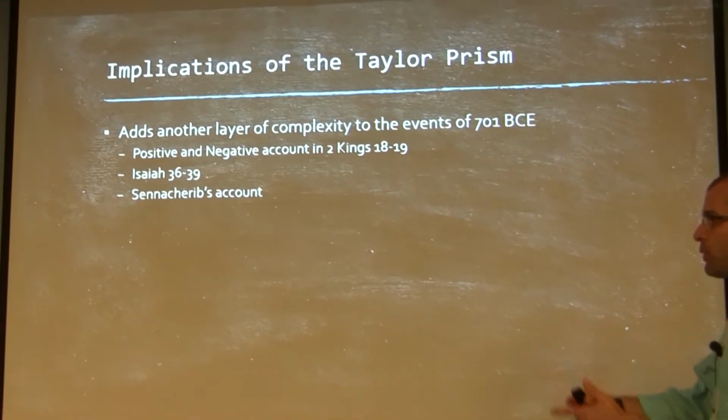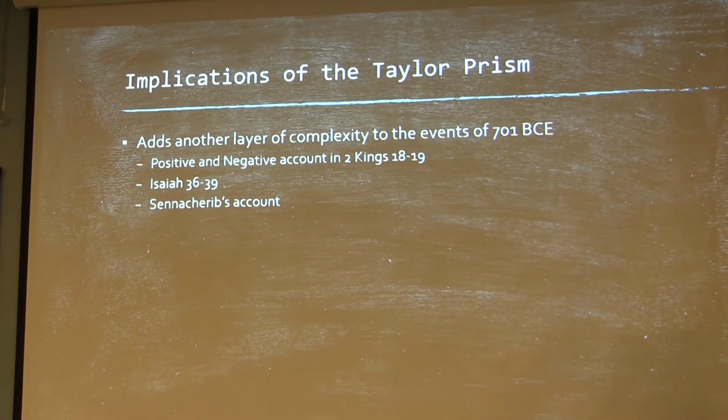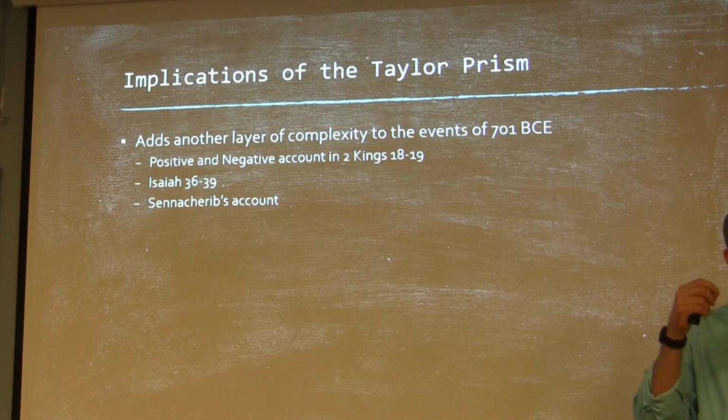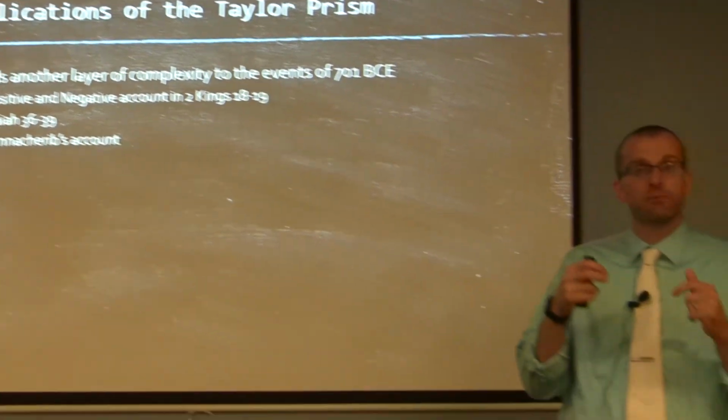So this is important, as we'll get to here in a second, but all of this, the Taylor Prism, Sennacherib's annals, his recounting. Remember, the Taylor Prism gives Sennacherib's account of his siege of Jerusalem and Judah. It adds another layer of sophistication and ambiguity and difficulty to the events that surround 701. And in fact, we've got multiple accounts of this event in the Bible itself. All right?